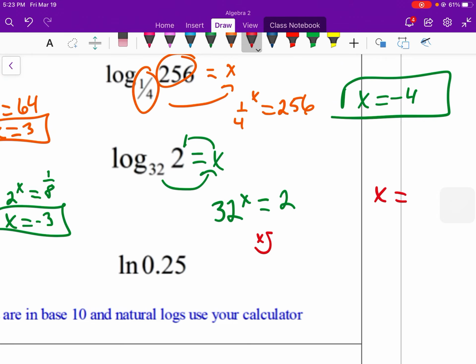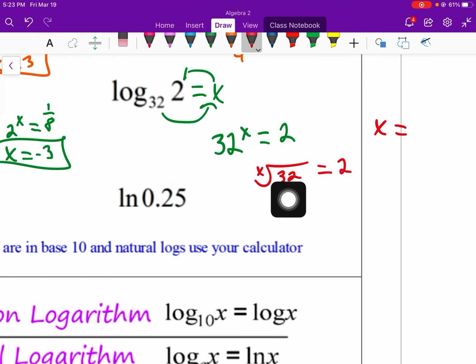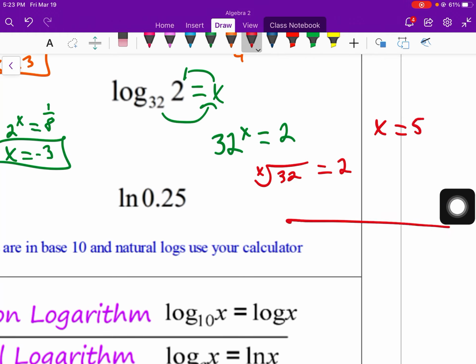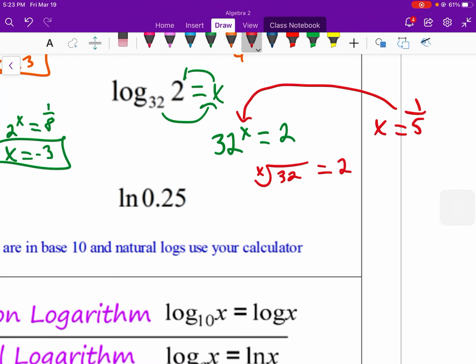It's going to be the x root of 32 equals 2. How many times would we need to factor 32? It'd be 5, and we've seen that a couple times. If you don't believe me, make a factor tree and see how many 2's you have to factor. x is 1/5, because we would substitute that here, and then the 5th root of 32 equals 2.